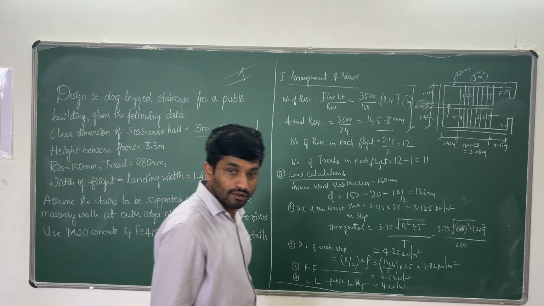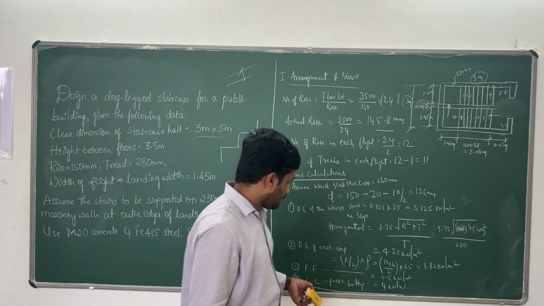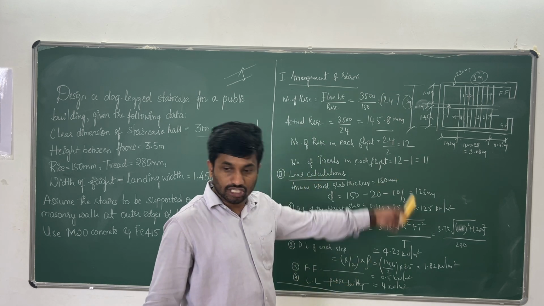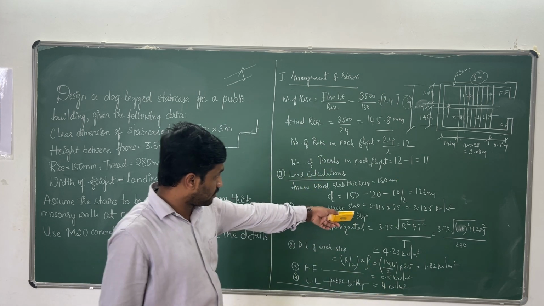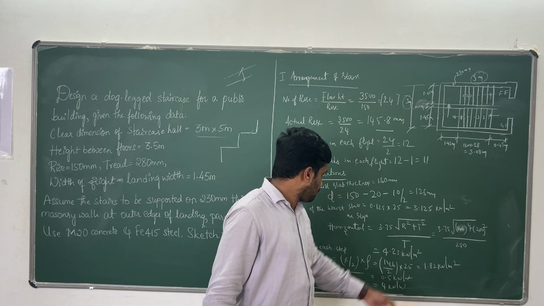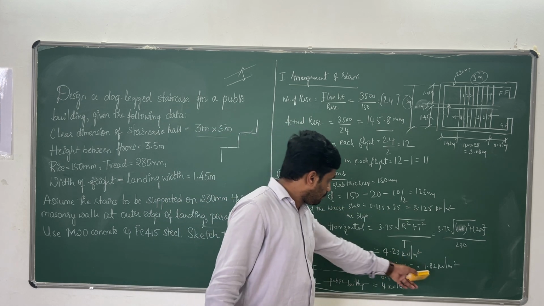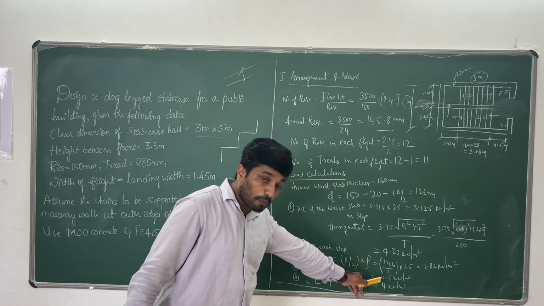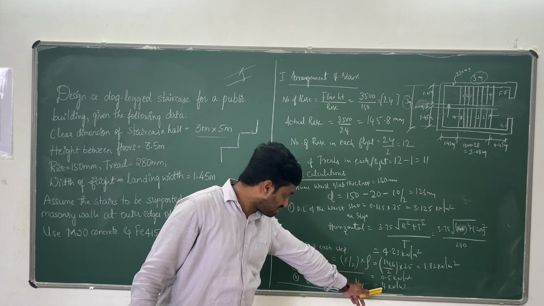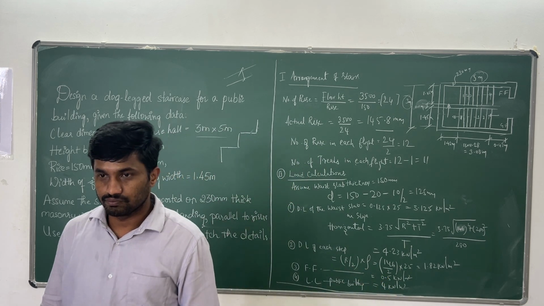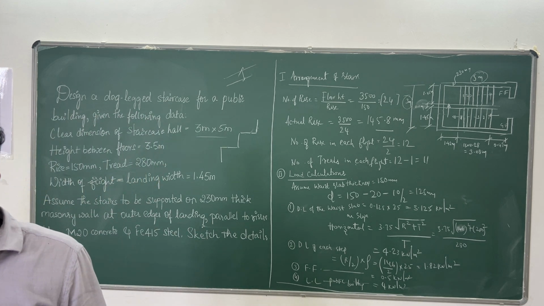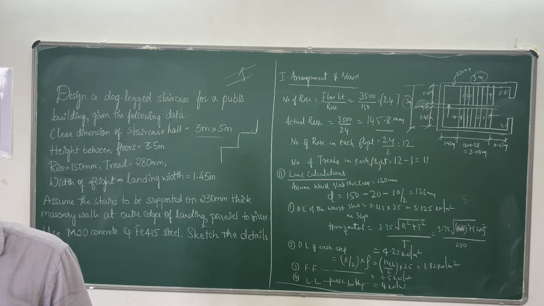Also add this 0.5. Each and everything you add: 3.125 plus 4.23 plus 1.82 plus 0.5 plus 4. So 10.55 kilonewton per meter square.